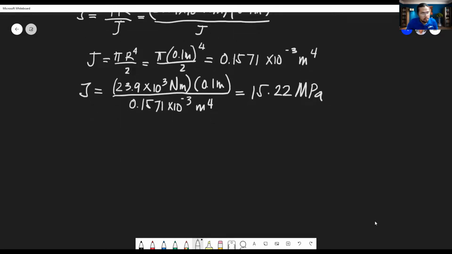This is not done. There's a continuation, and what's being asked is the principal stress. Now the principal stress is a combination of both the effects of the shear and the normal, and it actually becomes bigger.